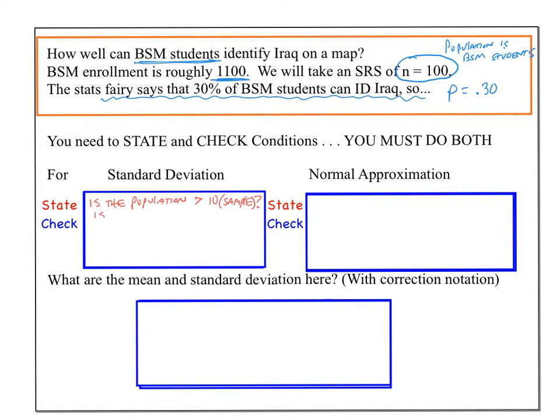Another way of saying that is capital N more than 10 times little n. So we're going to now check that. 10 times our sample size of 100 is 1,000.